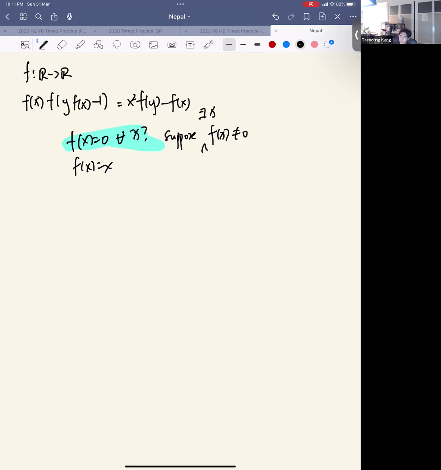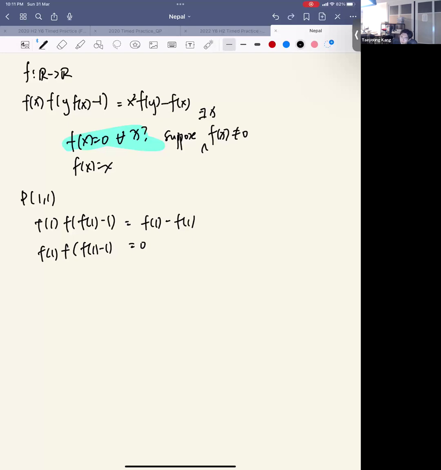So wait, you can try P(1, 1) first, right? That will just give you f(1)(f(1) - 1) is equal to f(1) - f(1), correct? So now your right hand side is equal to 0, and we have f(1) f(f(1) - 1) is equal to 0.